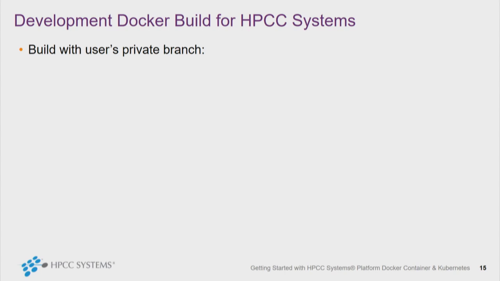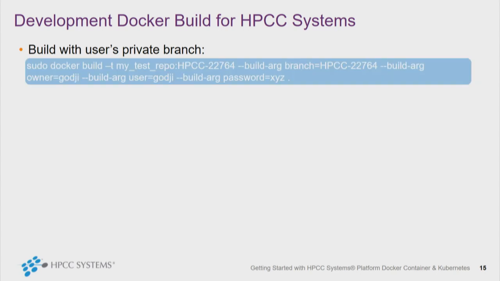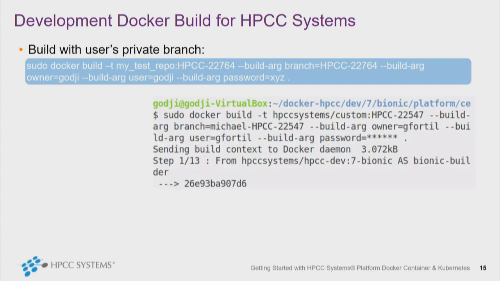So to build your private branch with that feature you've been working on, that you want to test before you do pull requests, you just do this. So let's see that in action. Here I'm building a private branch, which I'm testing for a user. And if you notice, I step into the CE directory.